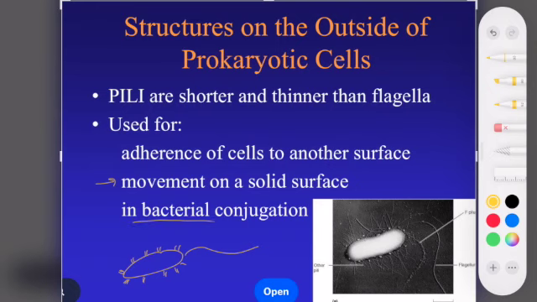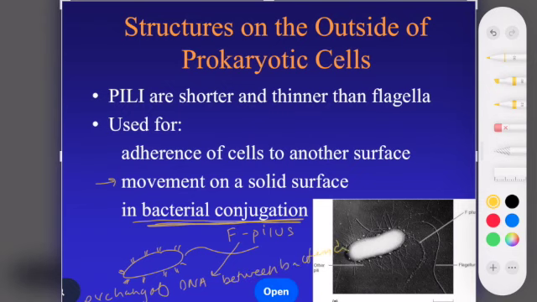And there is one special pilus. Pilus is the singular version of pili, called the F pilus, which is involved in bacterial conjugation. Bacterial conjugation is the exchange of DNA between two bacterial cells through this pilus. And here we've got a picture.